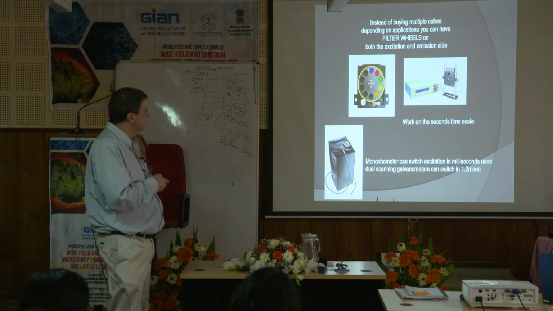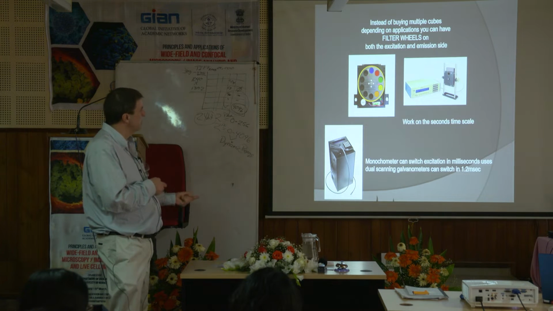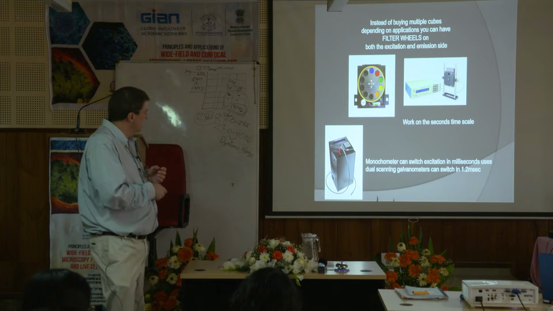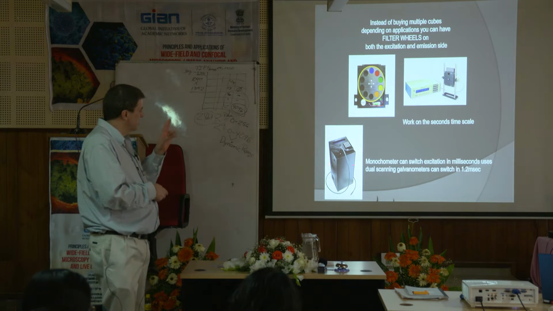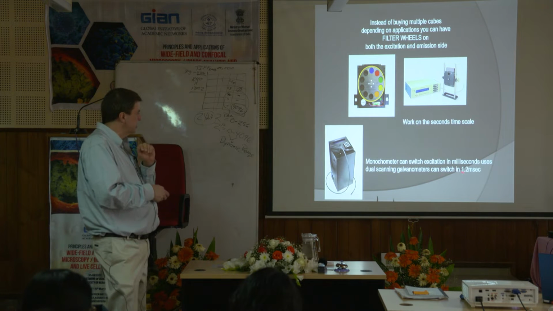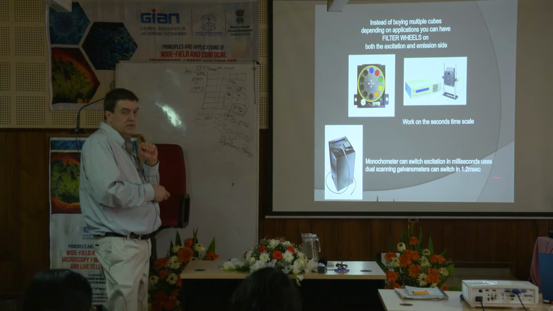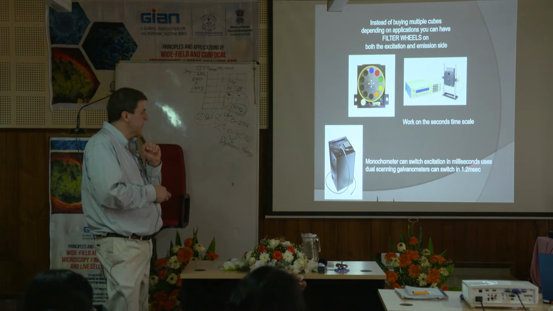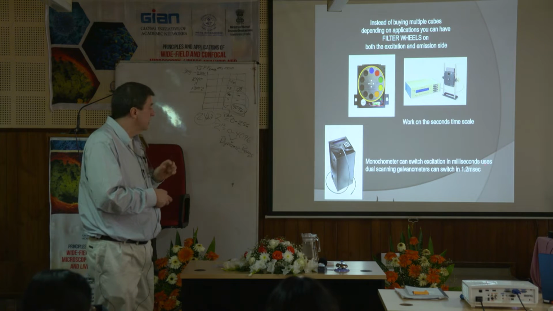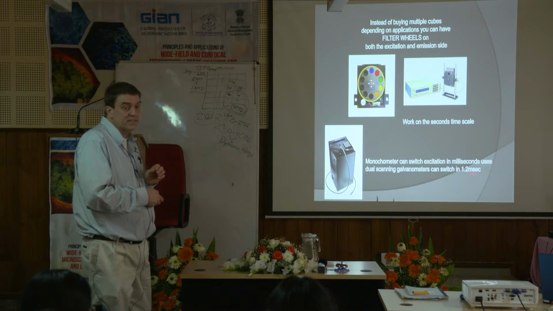So as opposed to using a filter wheel, which is obviously faster than manual, faster than my cube changer on my microscope, they use something called a monochromator, which uses little piezo galvanometers and stuff, and it can switch colors that fast. Because if you want to see rapid calcium signaling or something, you've got to be able to just go, go, go, fast, fast, fast.